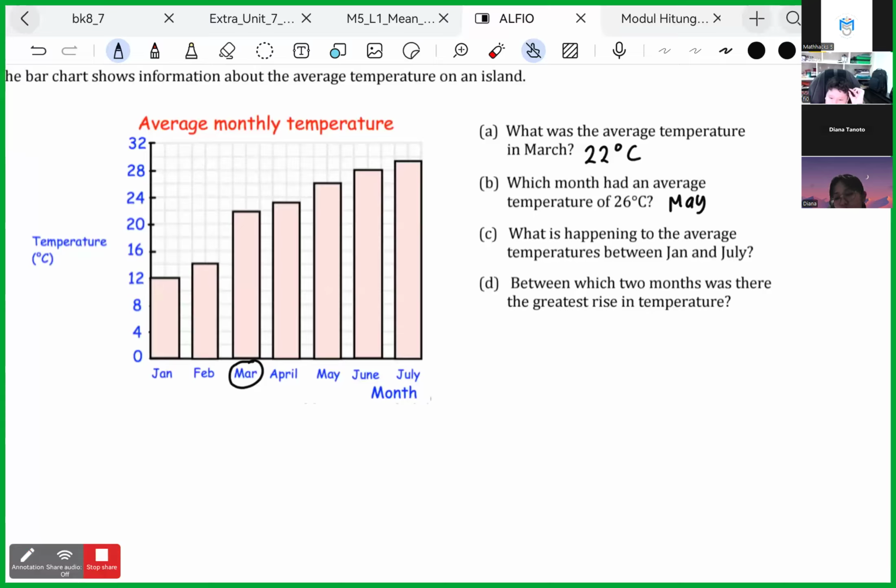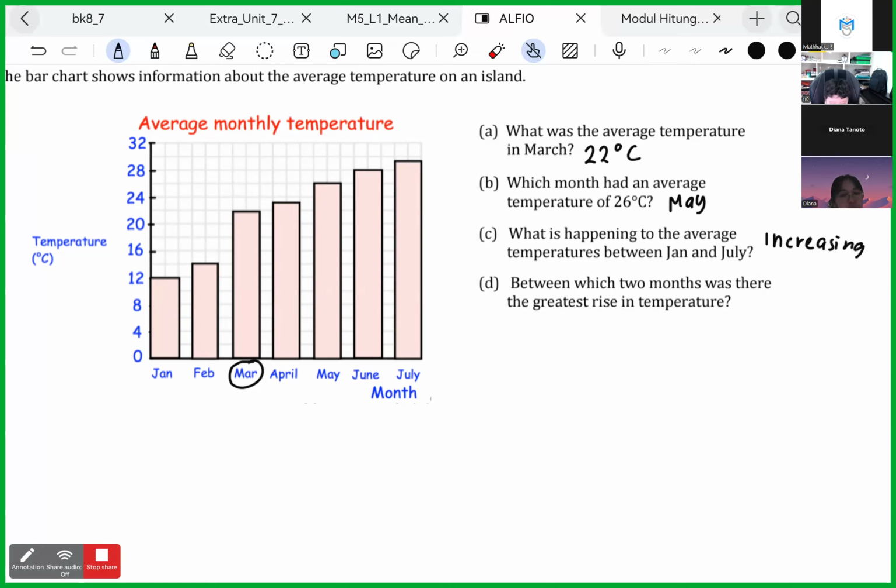From January to July, does the temperature increase or decrease or stay the same? Increase. Increasing, yeah? Increase.